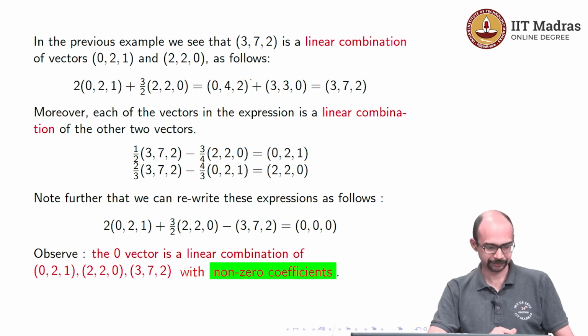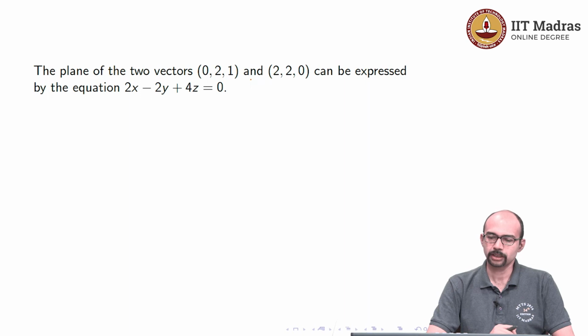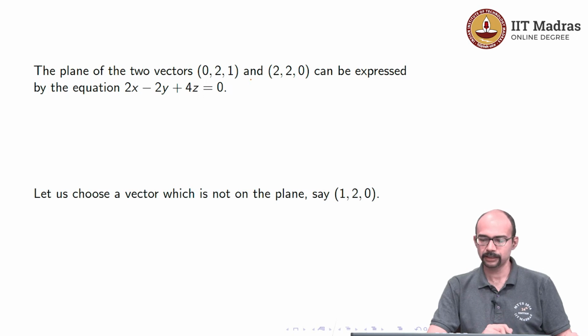So we can in fact get the equation of that plane. The equation of the plane containing the 2 vectors 0, 2, 1 and 2, 2, 0 is 2x minus 2y plus 4z is 0, and you can check that the third point indeed lies on this plane. Okay, so these 3 lie on the same plane.